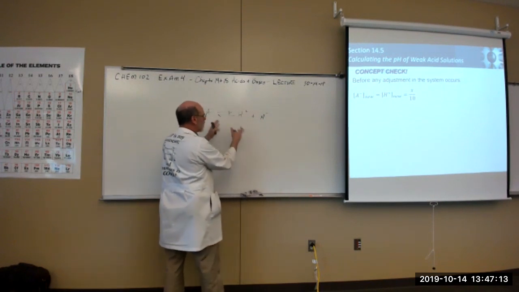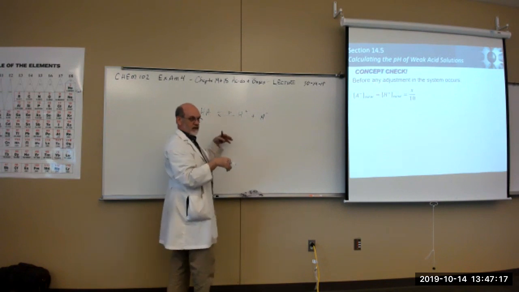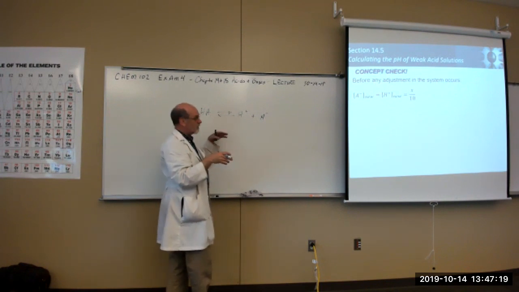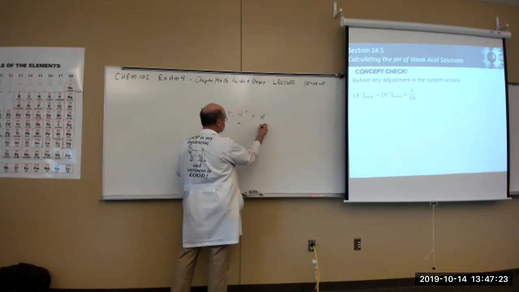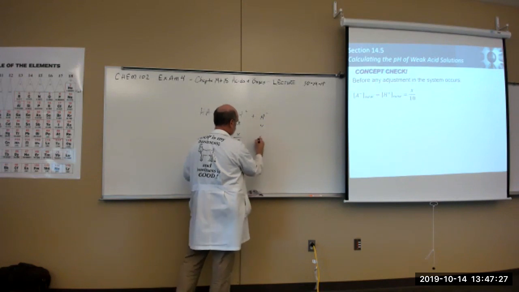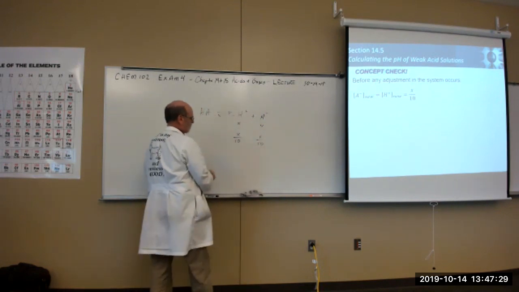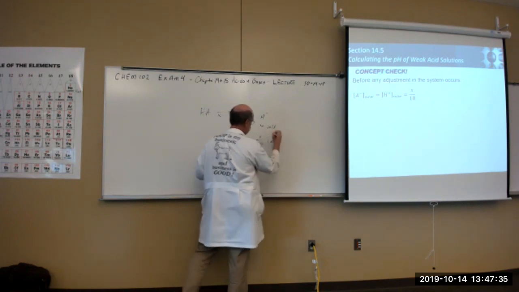and now their new concentrations, when we add the water to dilute them, if this is X and this is X, the new concentrations are going to be 1/10, right? So this is old, this is new, right?